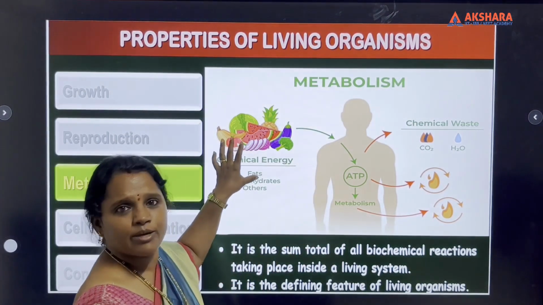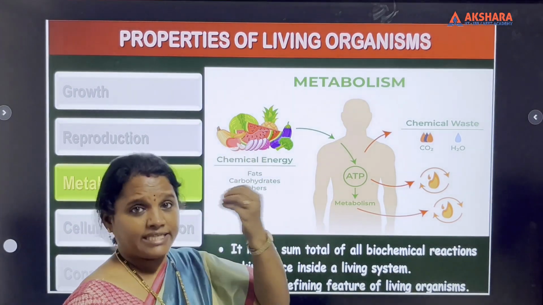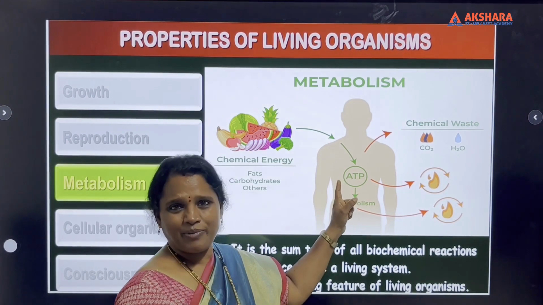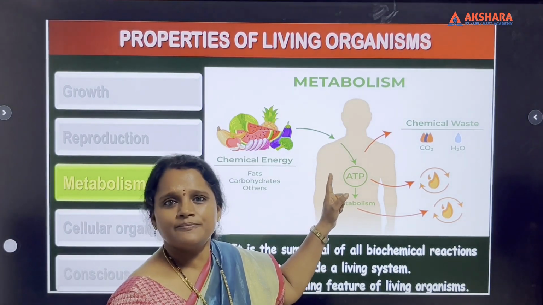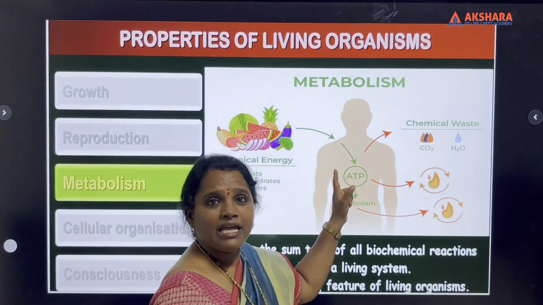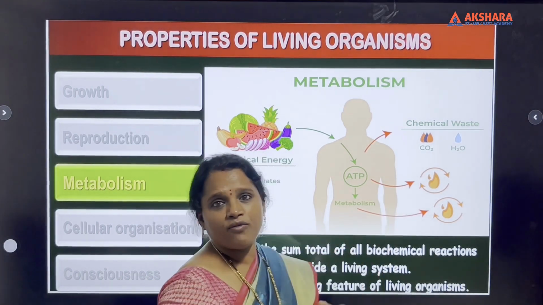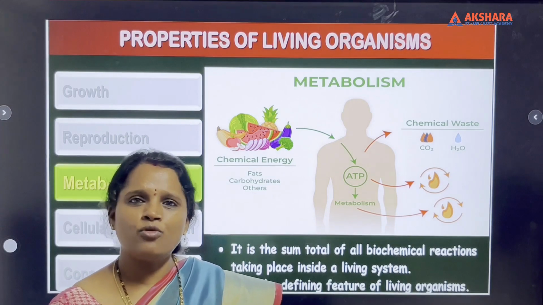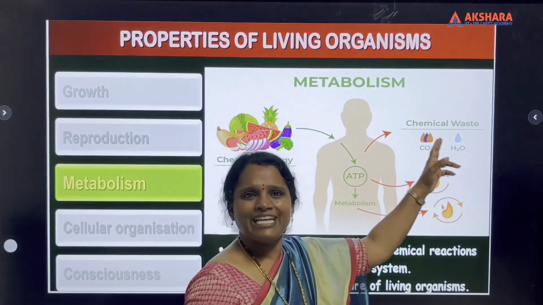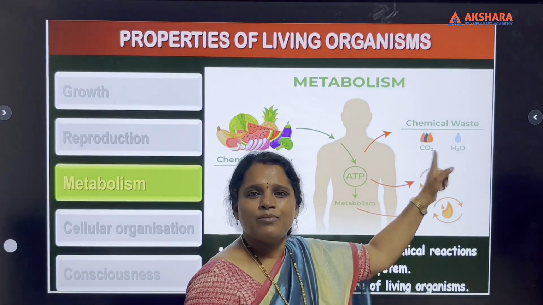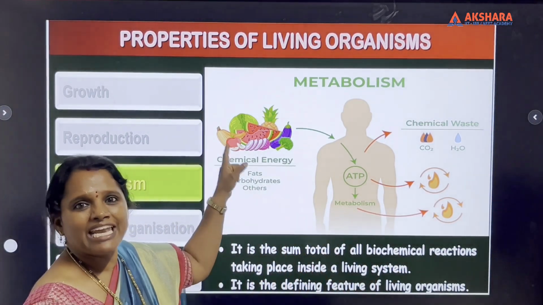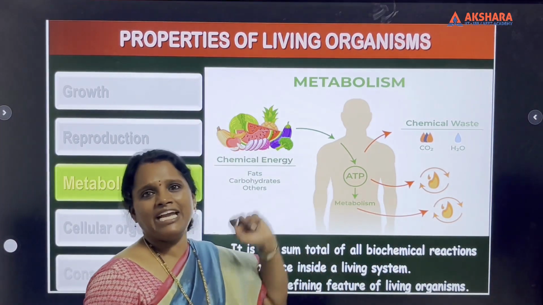One is anabolism, where you take food and convert it into ATP, which is an anabolic process. This ATP is consumed for your work, your contraction and your movement, which is a catabolic process. During catabolism, you utilize the ATP molecule. During anabolism, you prepare the ATP molecule.